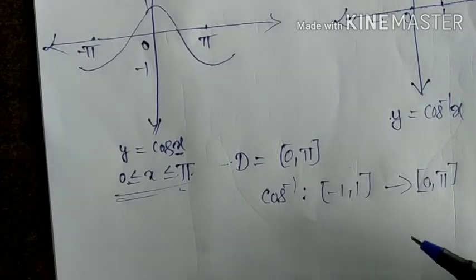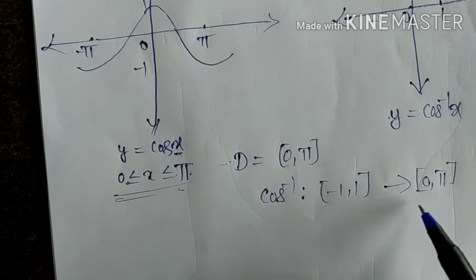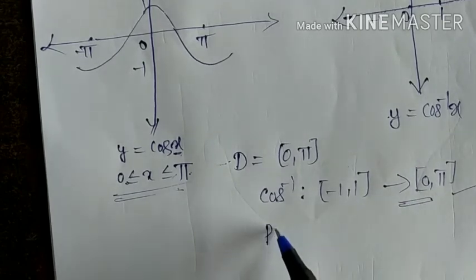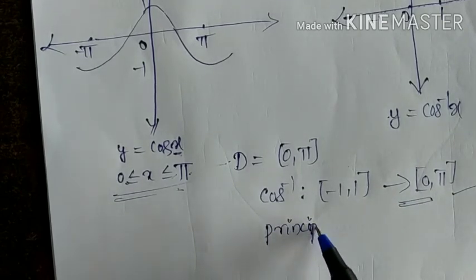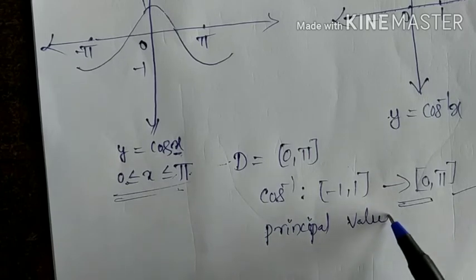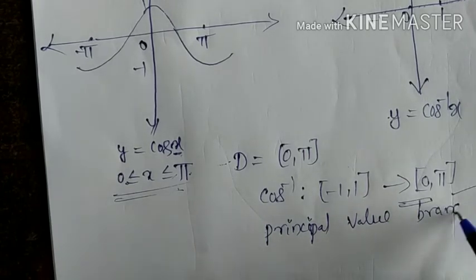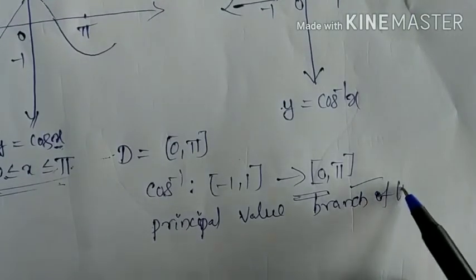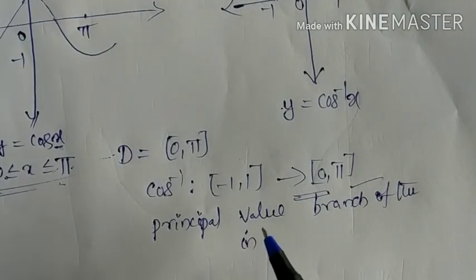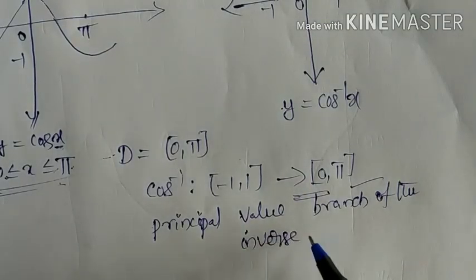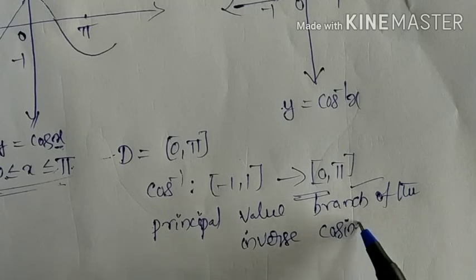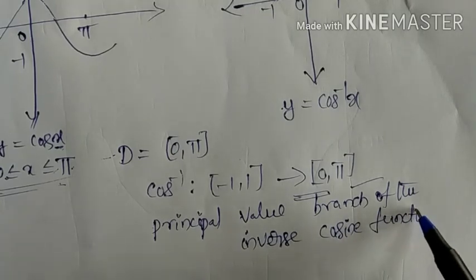Okay, this is called the principal value branch of the inverse cosine function.